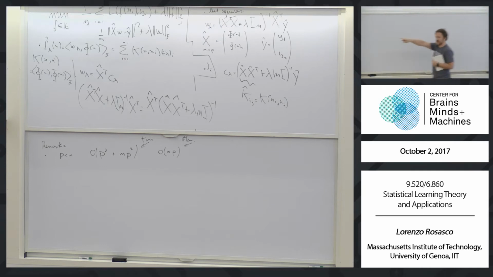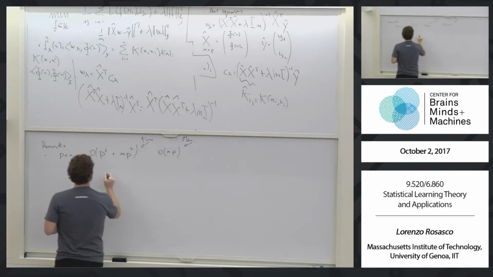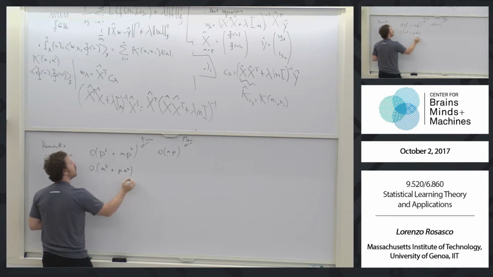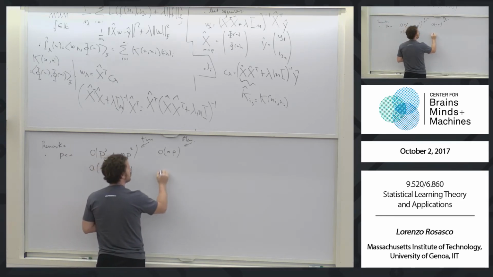It's basically the same thing I wrote, but you have to swap n and p. Okay, so you get n cubed plus p n squared.